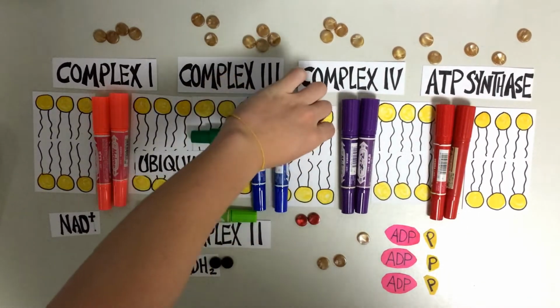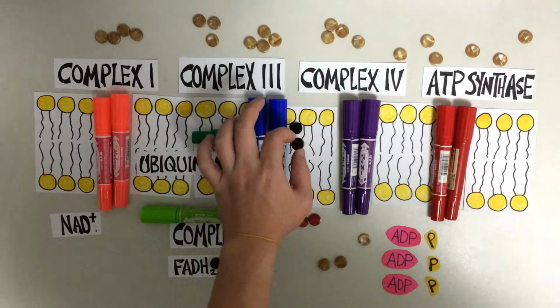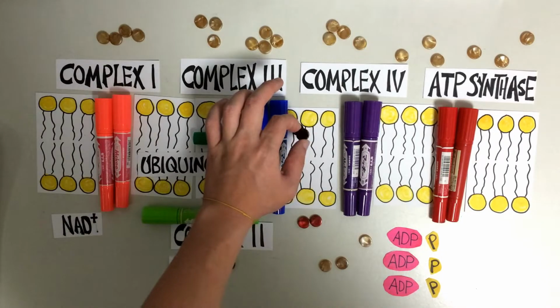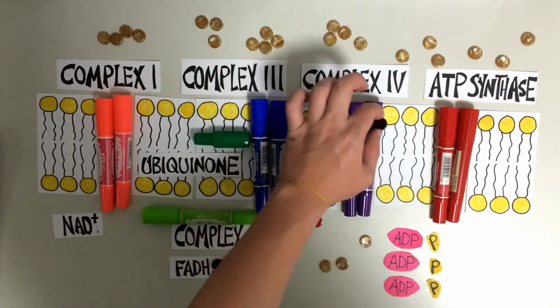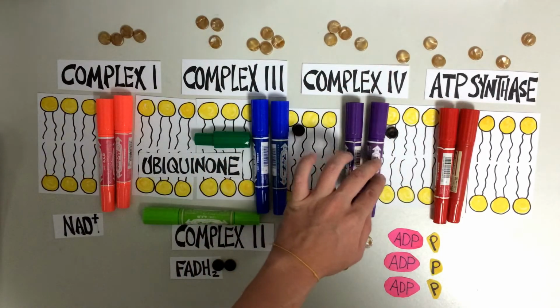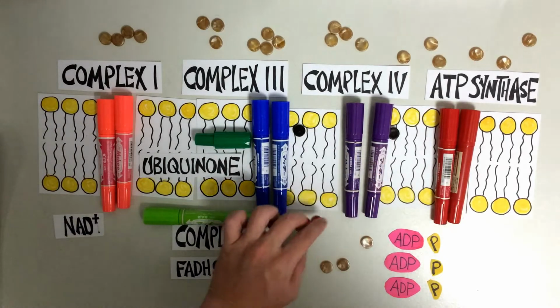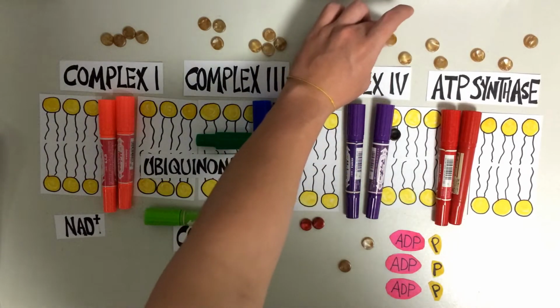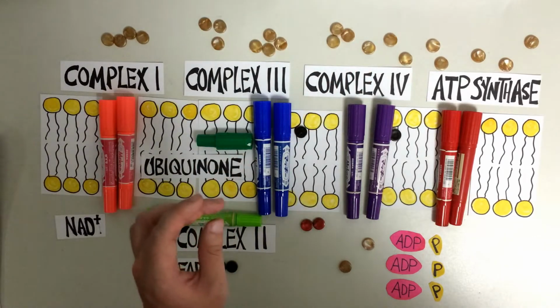Okay, but while it's transitioning from complex 3 to complex 4, it will travel one at a time. So the first electron would be transferred from complex 3 to complex 4, and then it will allow the passage of 1 hydrogen ion into the intermembrane space.